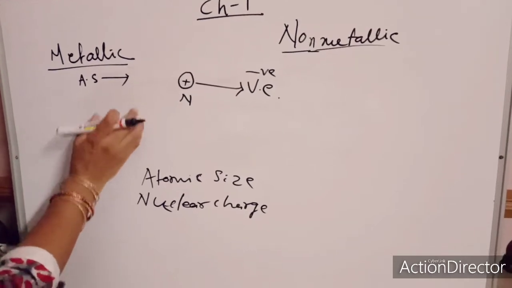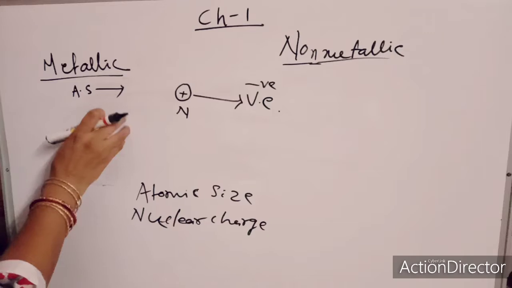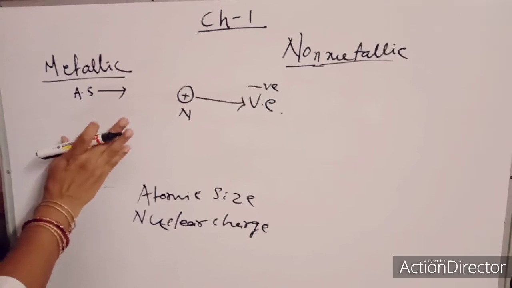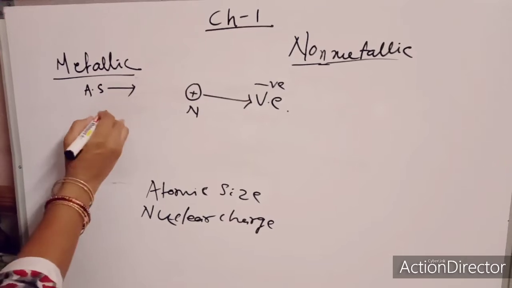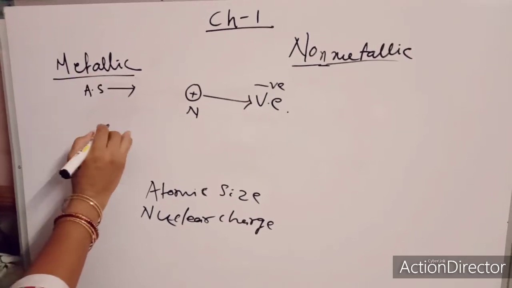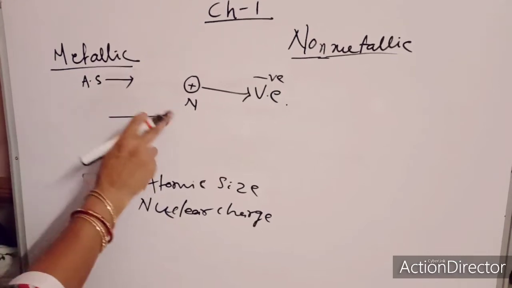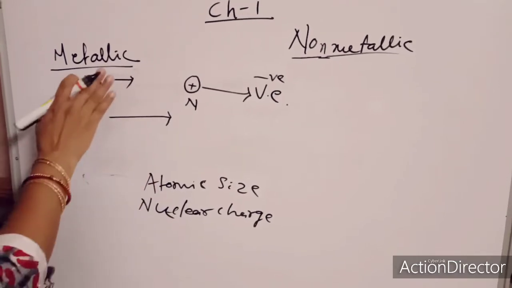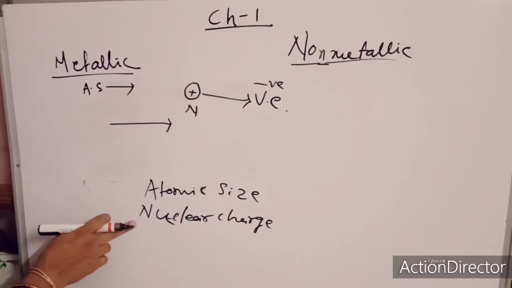So at that time the metallic character increases. That means the tendency to lose electron increases. I can say in one line, if atomic size increases, metallic character increases. Then come to nuclear charge.